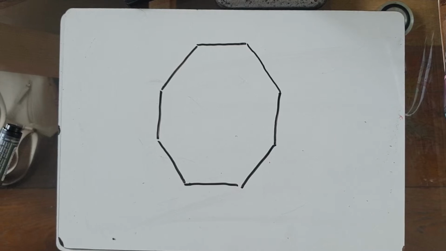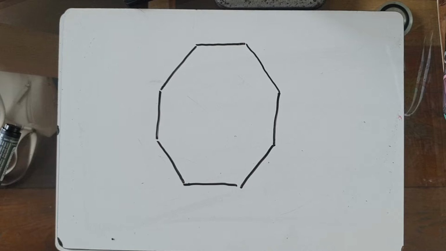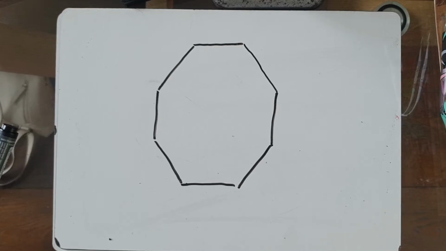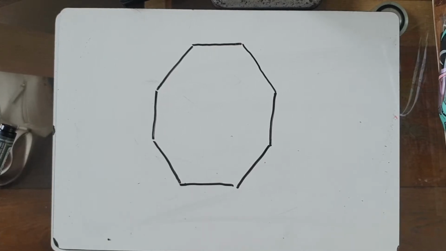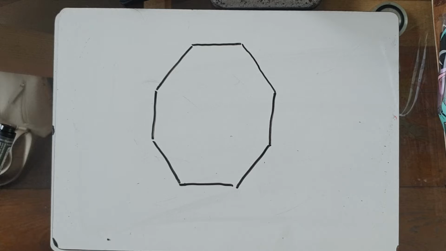The next thing I want to look at is reflectional symmetry and rotational symmetry. If we have a look at this example, so this should be a regular octagon, and it should have 8 equal sides and 8 equal angles. Now, how many lines of symmetry does this have?